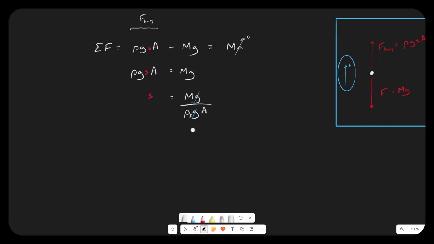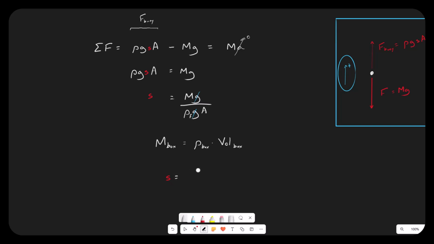If it's made of something else, styrofoam, it's got a different density. The mass of the box I can write as the density of the box times the volume of the box. Now this is not the submerged part of the box, this is the whole box, right?